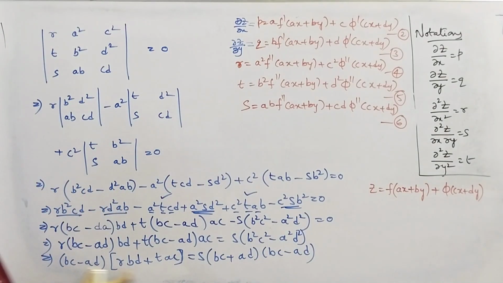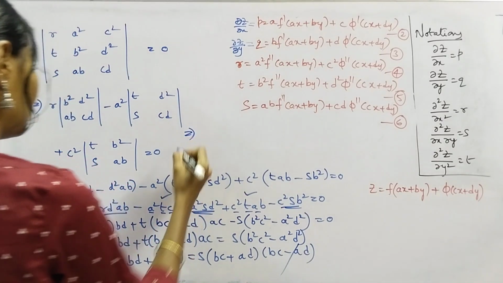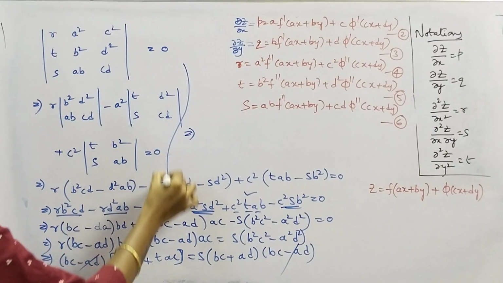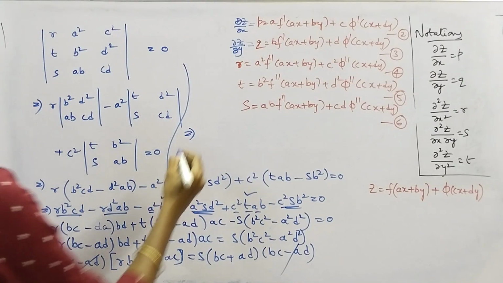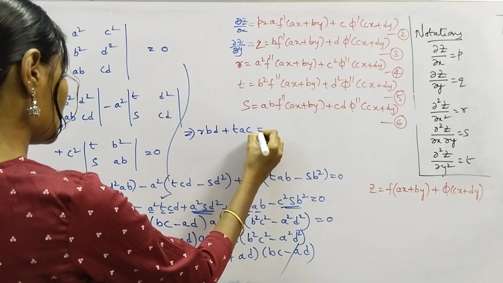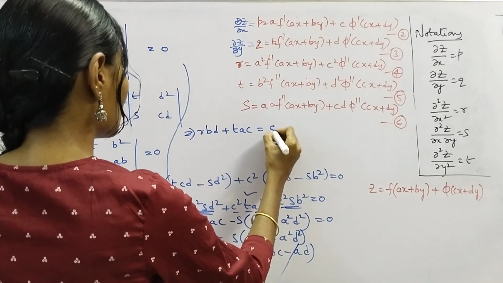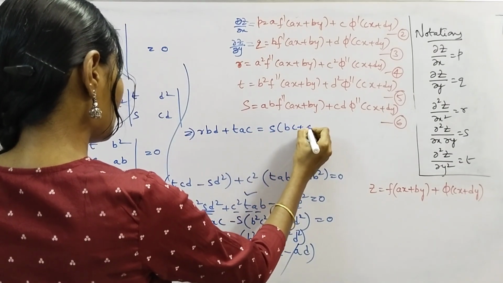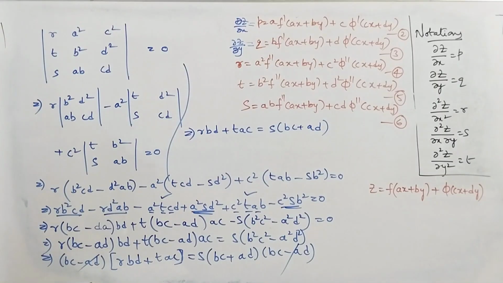So by dividing both sides of the equation by bc − ad, this bc − ad gets cancelled and this results in rbd + tac equal to s times (bc + ad). Okay, fine.